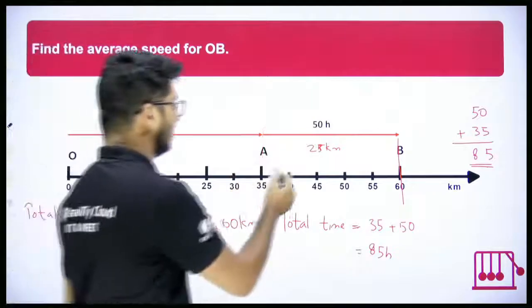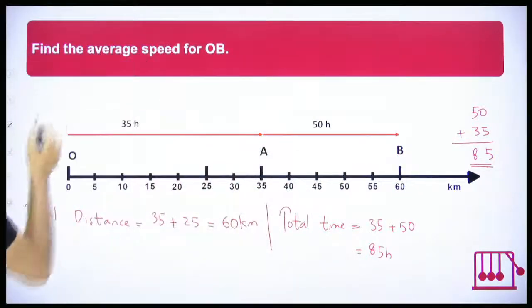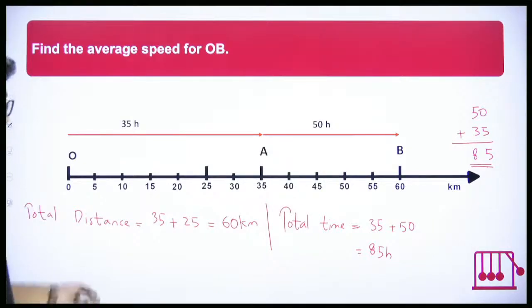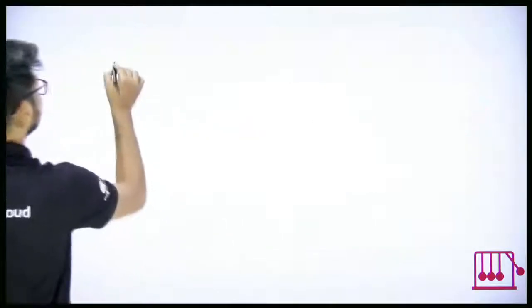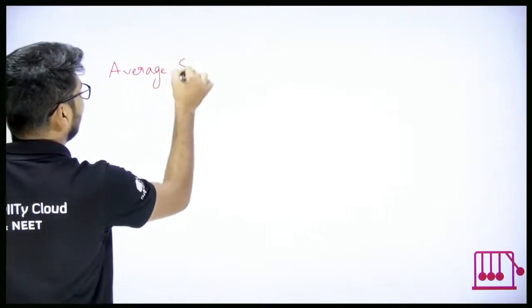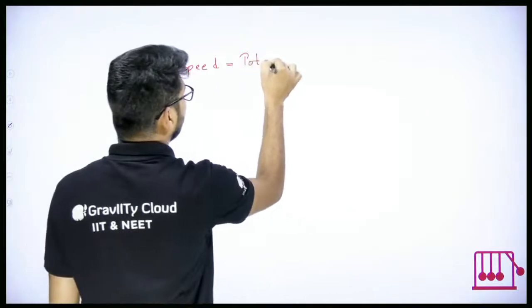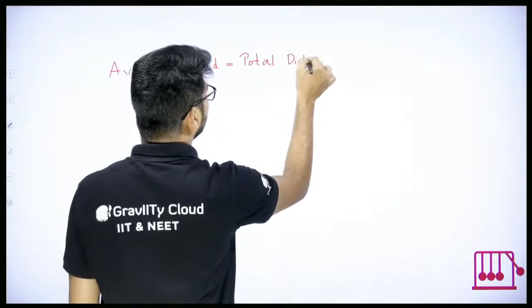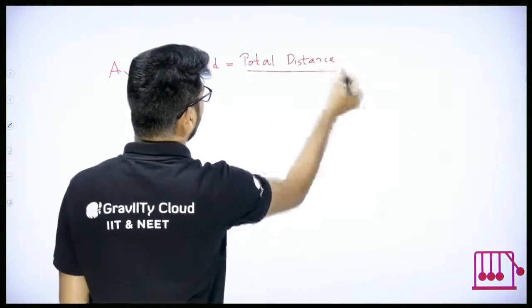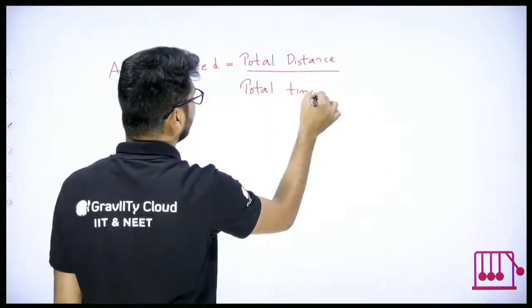So we got total distance, we got total time, we got both of them. Then if I need average speed, what will you do? You divide both of them. Average speed is total distance by total time.